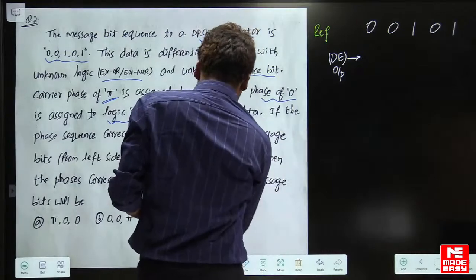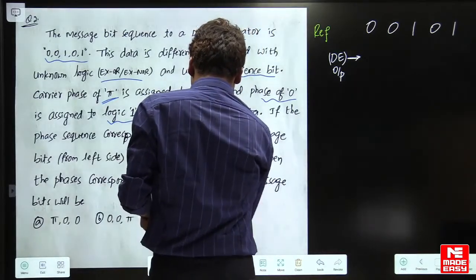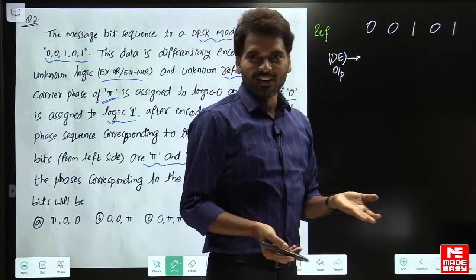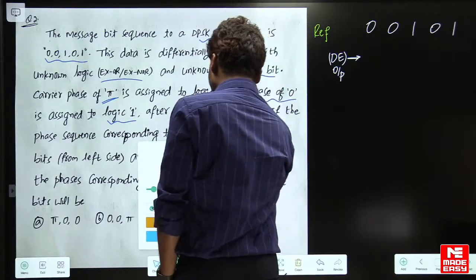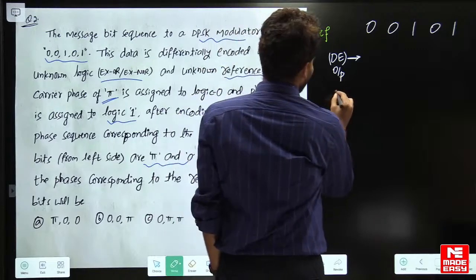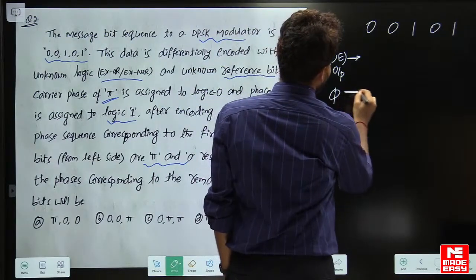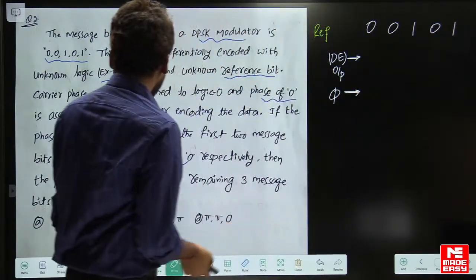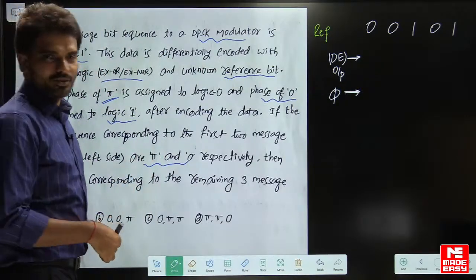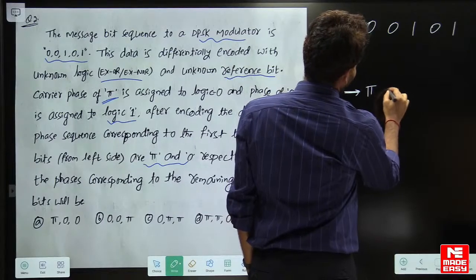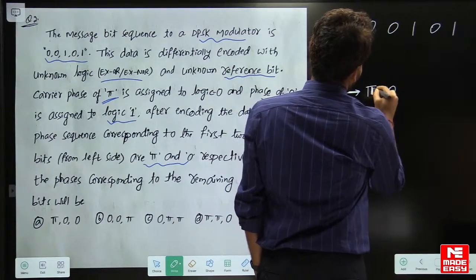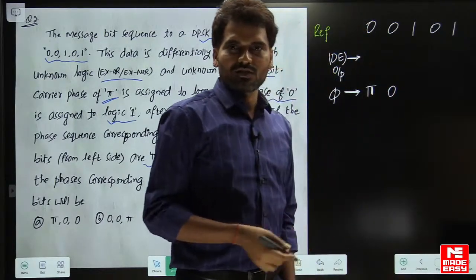It can be 0 or 1, but that is unknown. And what is the phase sequence? For the first two message bits, it is given as pi and 0.